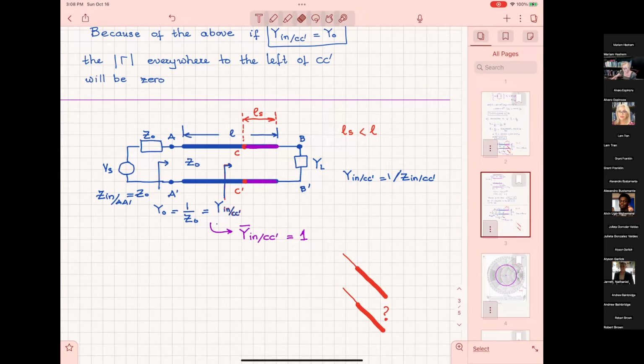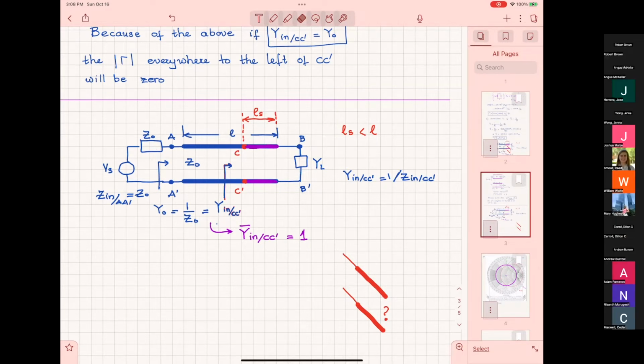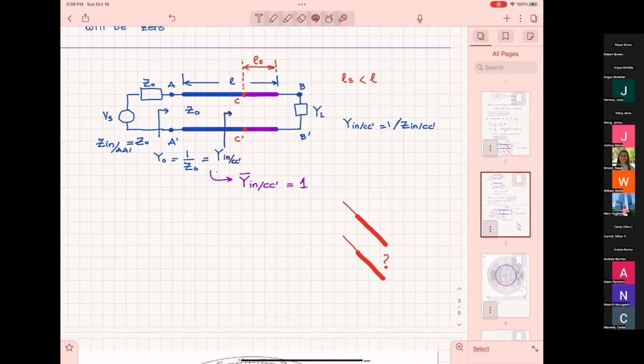Who can tell me? Yes, Robert. Is it both, like reactive and real? To answer this question, let's ask, what is a stub?